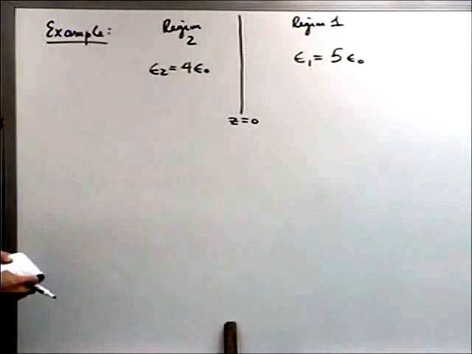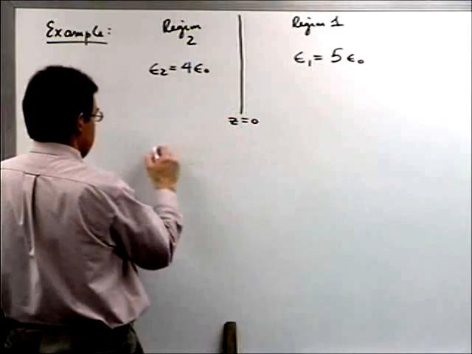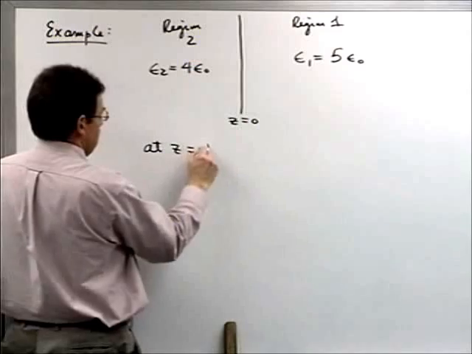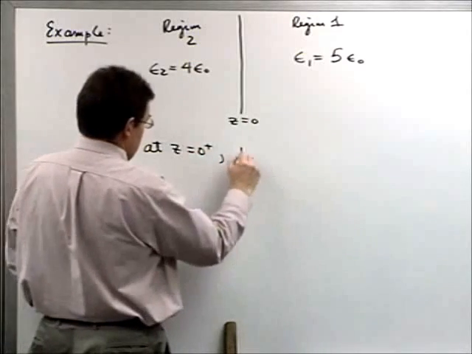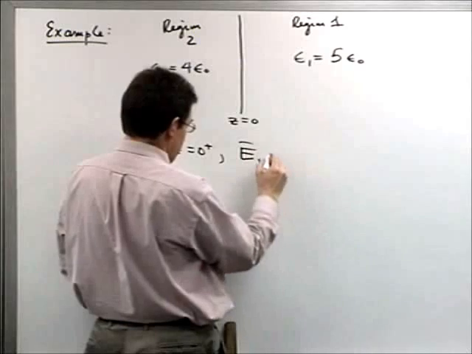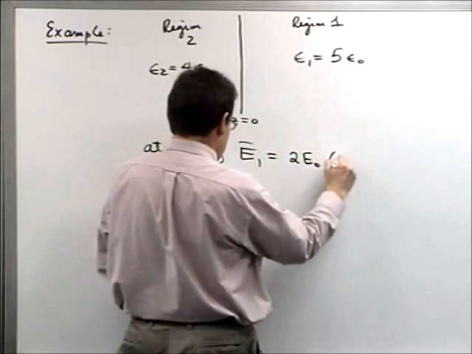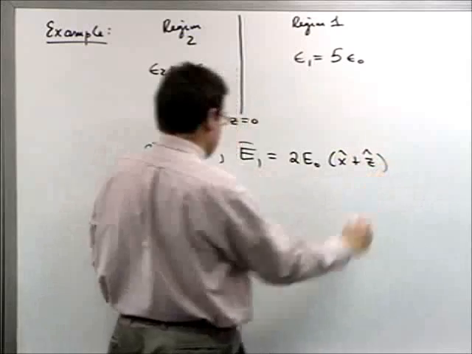Okay. And now we're told that just to the right of the interface, at z equals 0 plus, we somehow create a field through here in such a way that we've got E1 equal to, say, 2E0 times (x hat plus z hat).